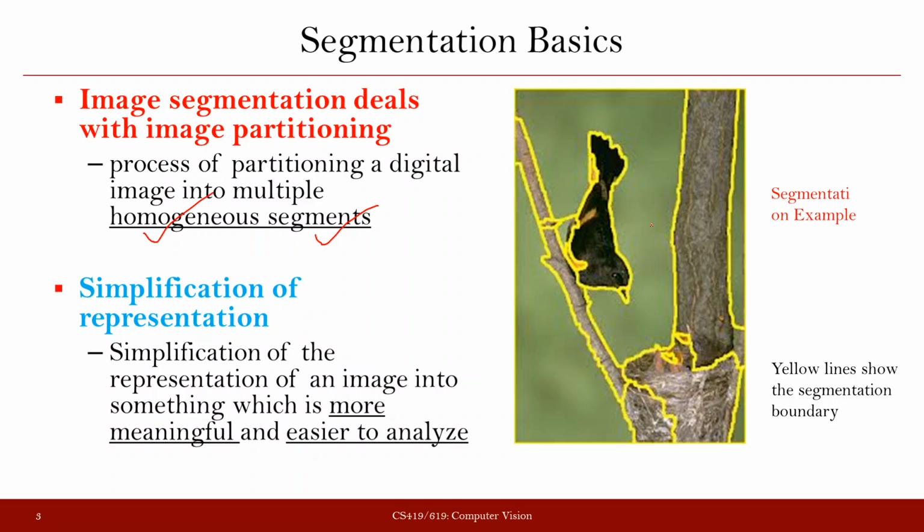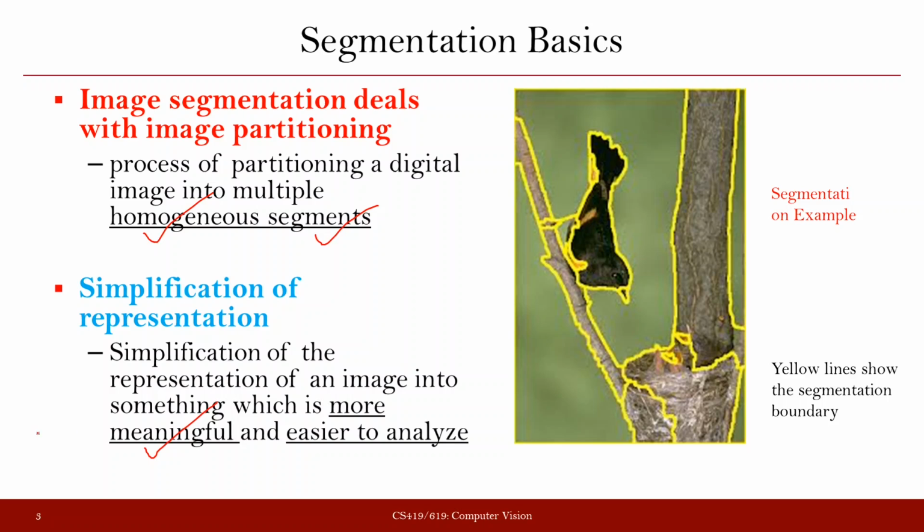When we divide the image into segments, this process provides us a more meaningful representation of the image, because once we divide the image into various segments, there are a lot of tasks that can be performed based on this information.